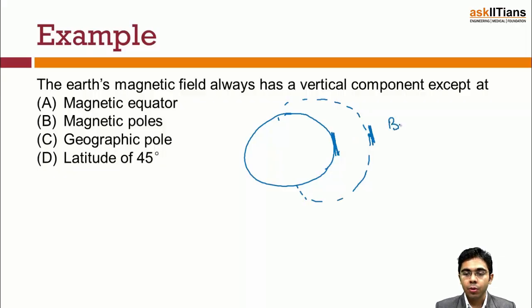Therefore you only have the horizontal component, and BV is equal to 0, that means the vertical component is zero, and otherwise it is non-zero. So this is only at the magnetic equator. One more thing: the dip is 0 at the equator because the lines are parallel, and at those points where BH is 0 and you only have the BV component, delta is equal to 90 degrees. This we have seen.